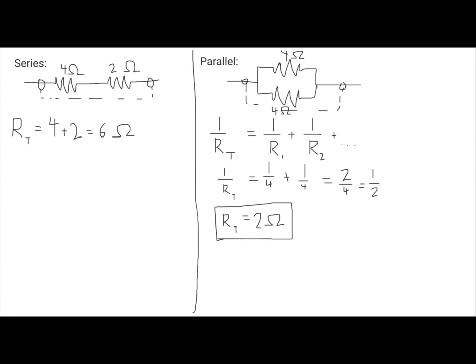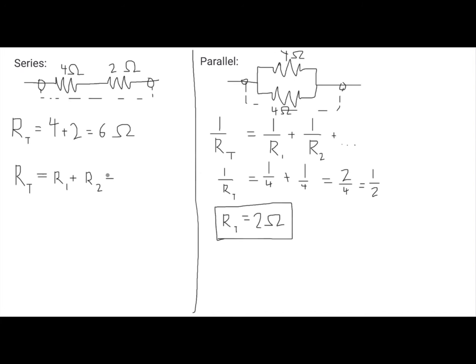And if you want an equation for resistors in series, it's going to be the same thing as in parallel. However, you're summing the actual values of the resistance and not their inverses.